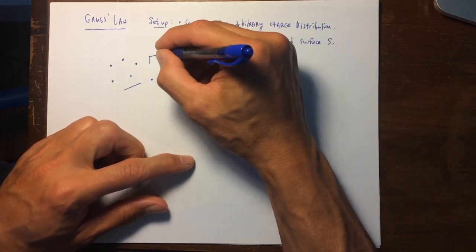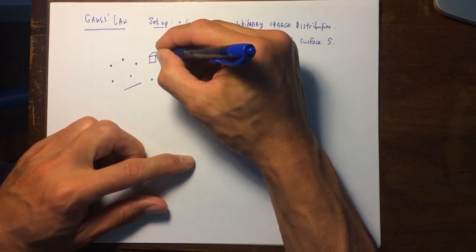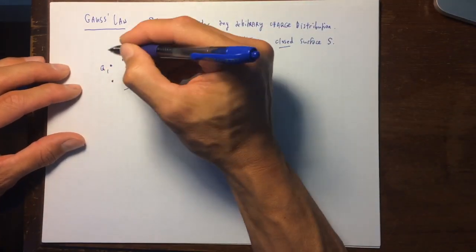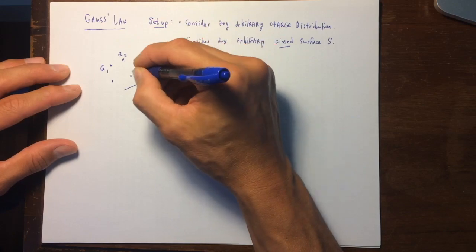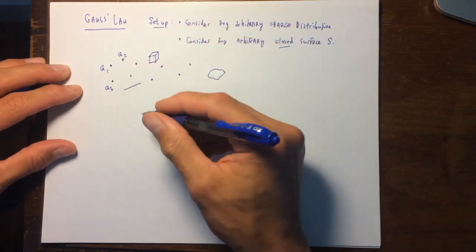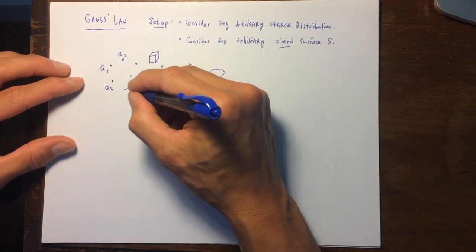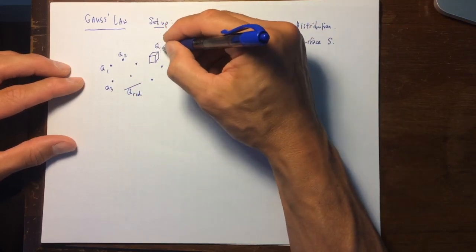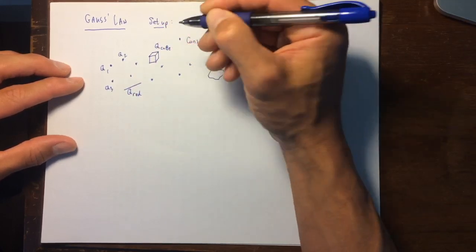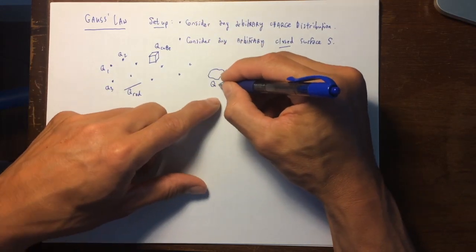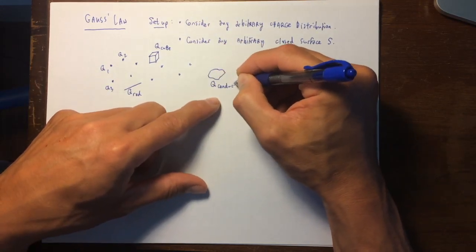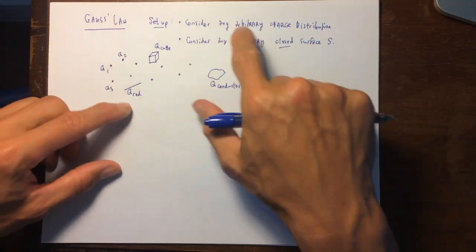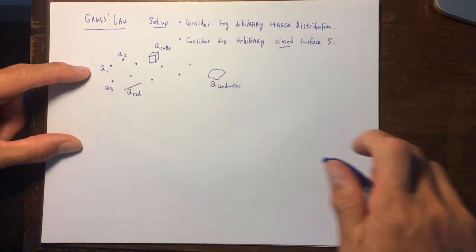Here's a charged cube. It doesn't matter, there's just charge all over the place. So this is like Q1, Q2, Q3, etc. This is a rod. This is a cube. This is a conductor, right? So any arbitrary charge distribution.